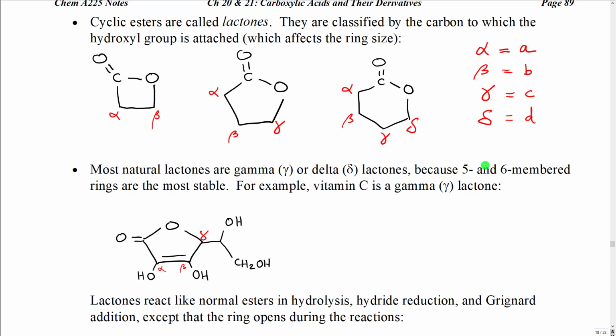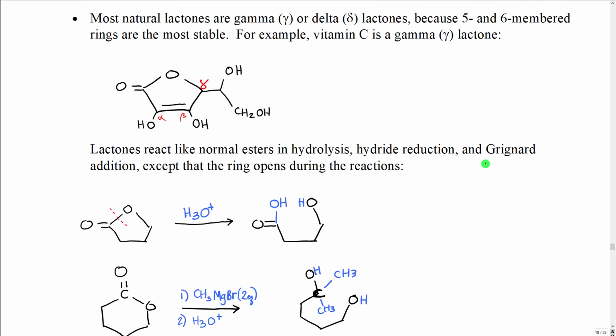Lactones are actually found very commonly in nature. But because 5 and 6-membered rings have a very small amount of ring strain, most of the natural lactones are either 5 or 6-membered rings or very large rings, which are often called macrolactones.